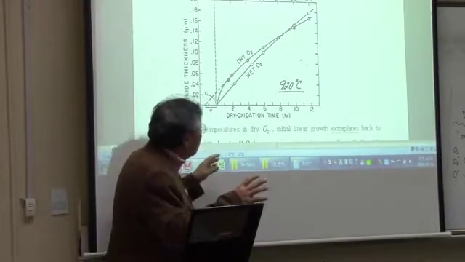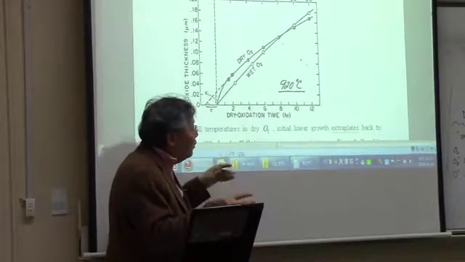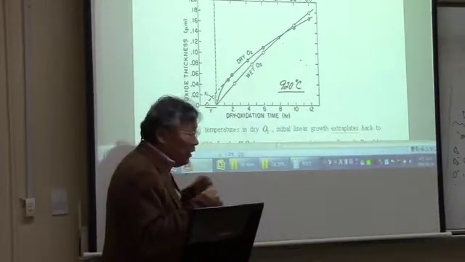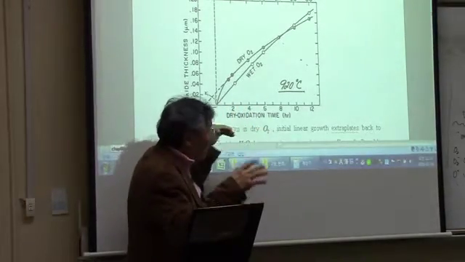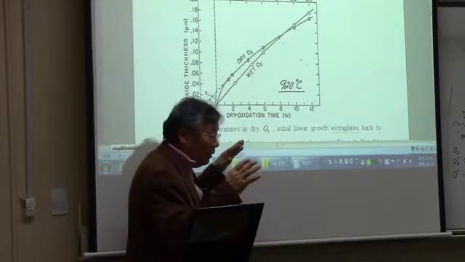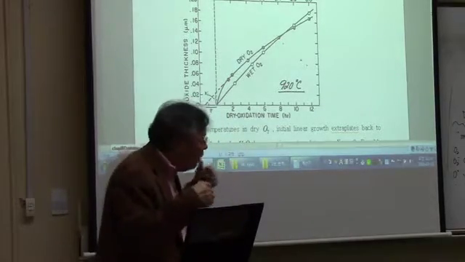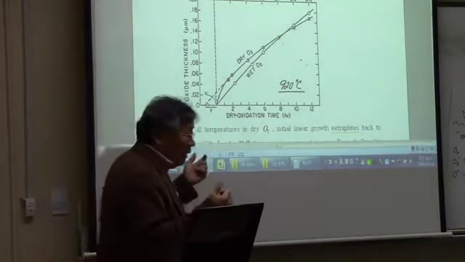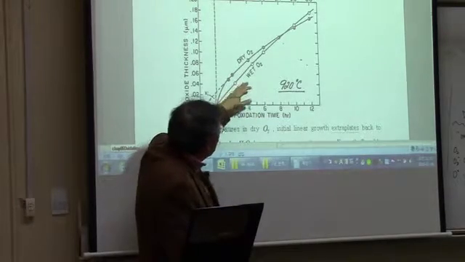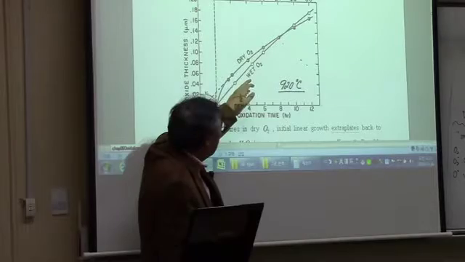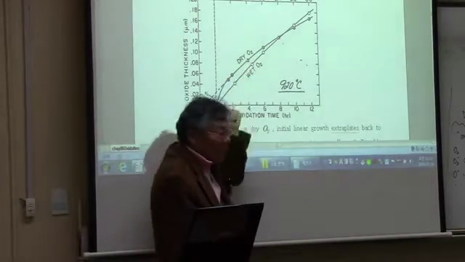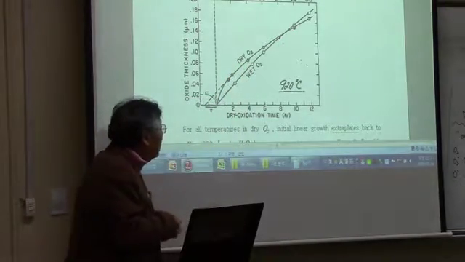According to the Deal and Grove model, we have seen that wet oxidation is very much faster. The wet oxidation rate in the wet oxidation environment is much higher than that in the dry oxidation environment.